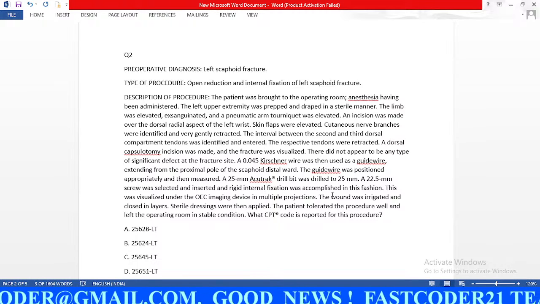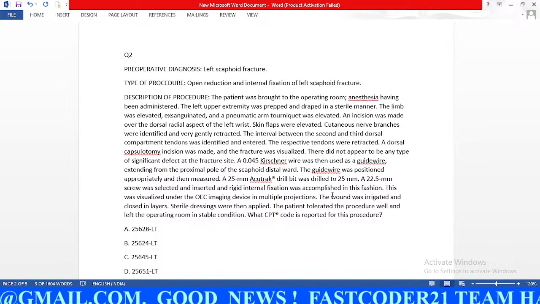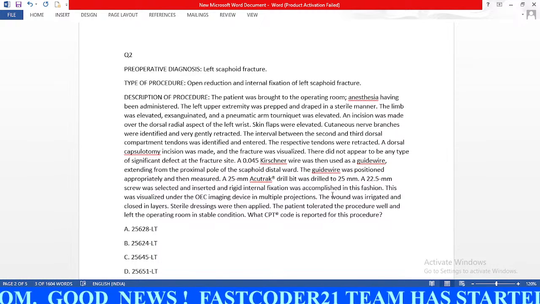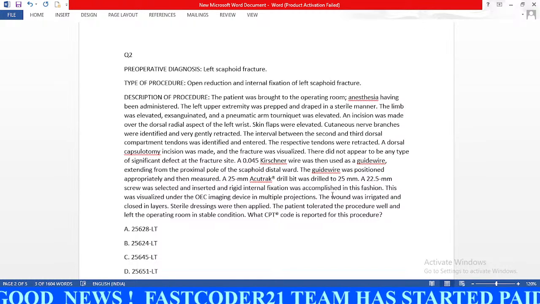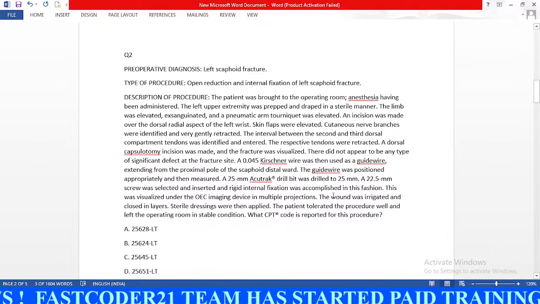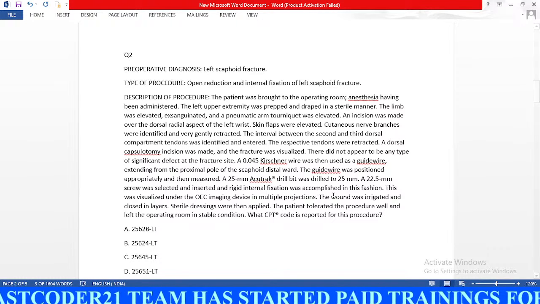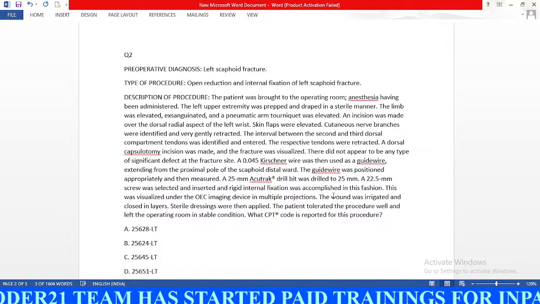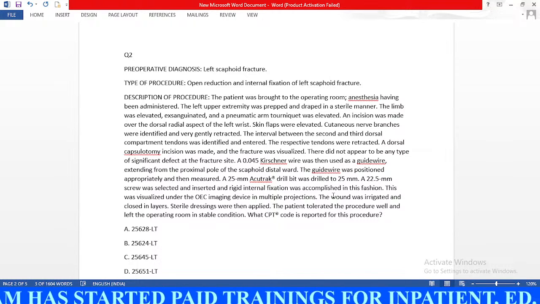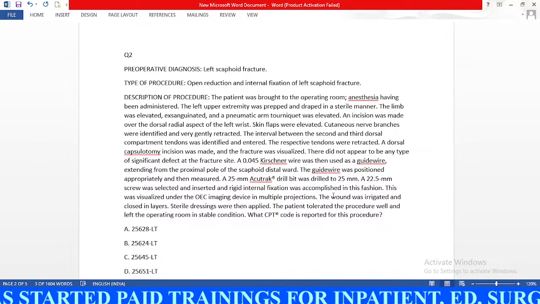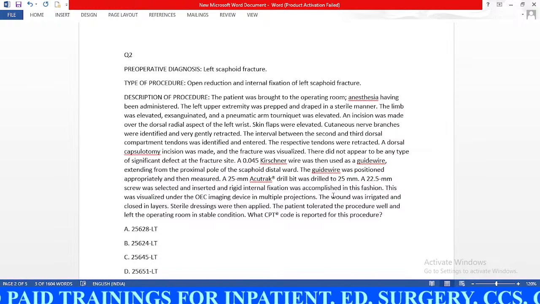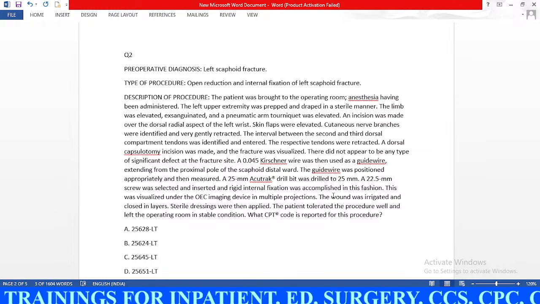You need to become like a forensic auditor while writing the CPC exam. We need to analyze each and every topic. Hi seatmate, good evening. Good evening to Fast Coder 21. You are doing good, keep it up, seatmate.